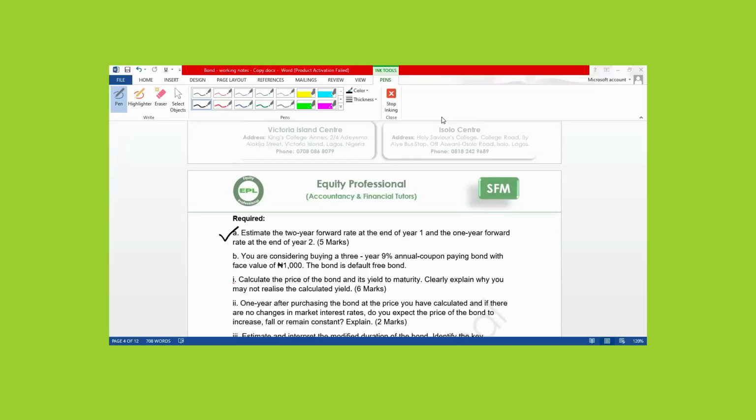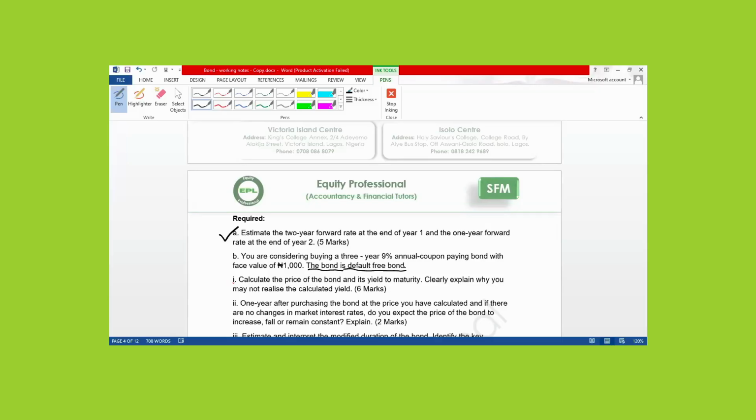The bond is a default-free bond. Please note here. This bond is default-free. I want to buy a default-free bond.